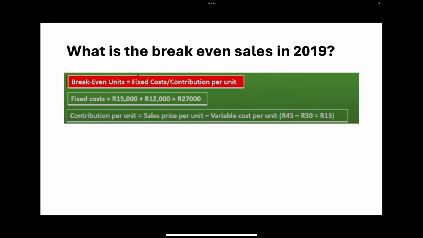So let us start from the basics. You have the fixed cost plus variable cost into Q, which is equal to the total cost. Sales minus total cost will be your profit, right?